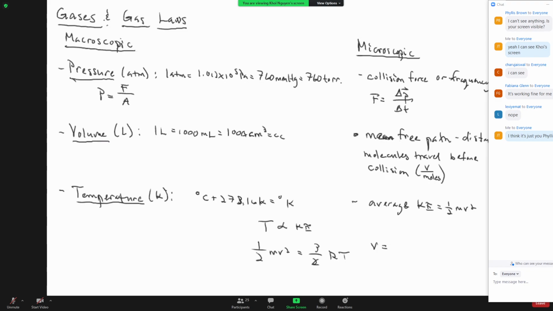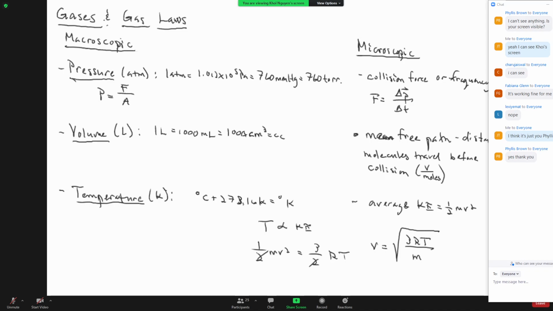We solve for this. It's going to be the square root of 3RT all over the mass, or the molar mass in your system. I apologize, I don't know why it didn't show originally, but I've been using the whiteboard the whole time.